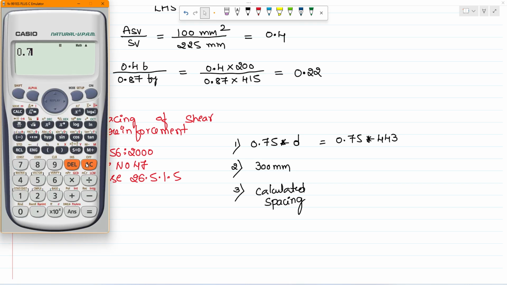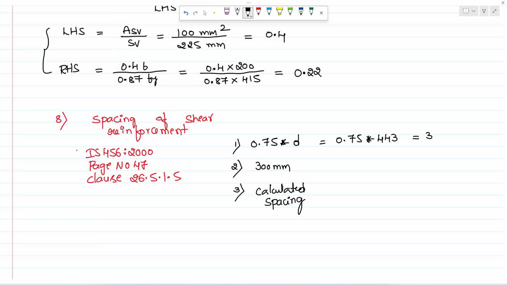So 0.75 multiplied by 443 is 332 mm. So second one will be 300 mm. Third one will be calculated spacing.